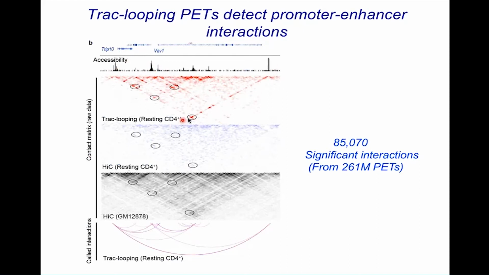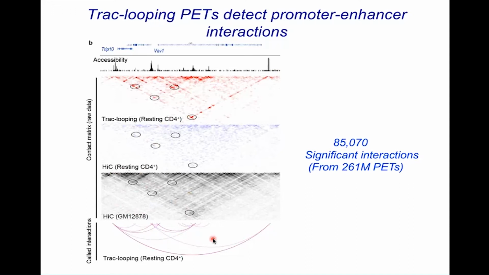And these interactions are actually confirmed by the Hi-C data from the same cell or the Hi-C data from GM12878 cells, although the background is much higher. And these are all the significant interactions detected with Trac-looping.